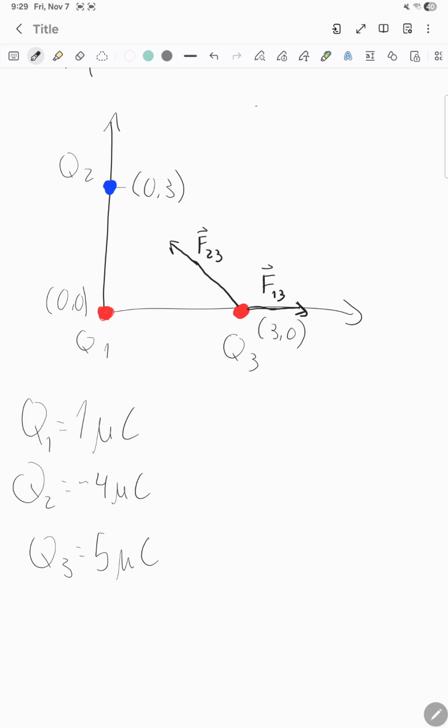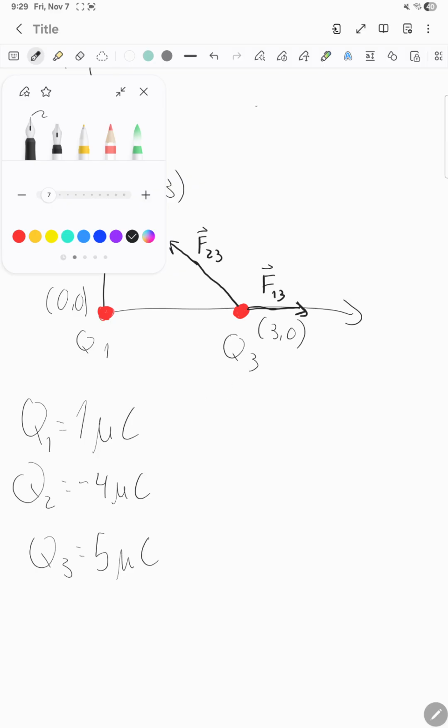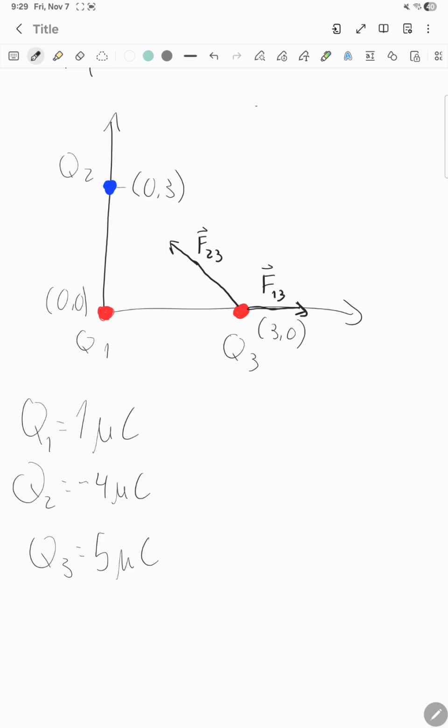These are the forces that will influence our charge. Now we know the distances and the charges. We can calculate F13 and F23 and just add them up.